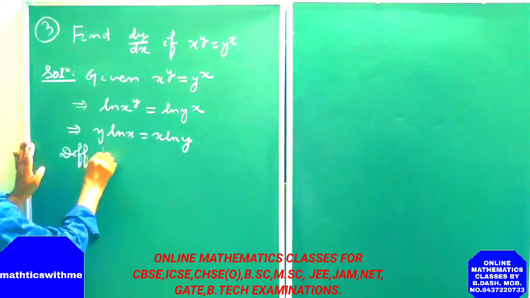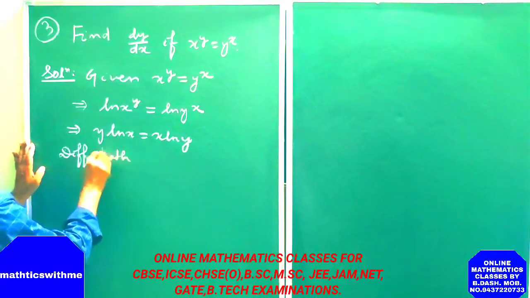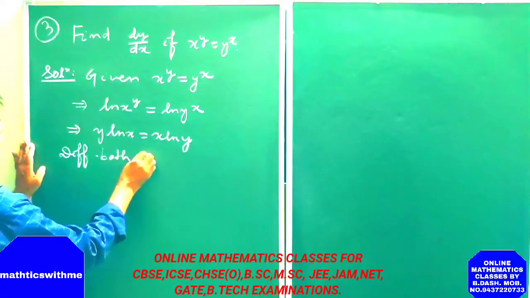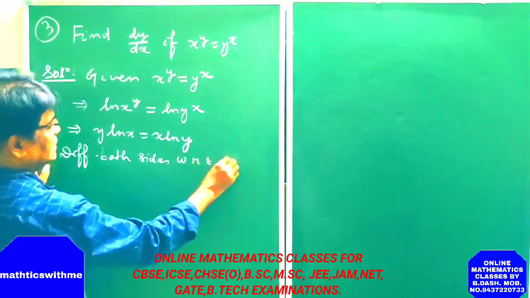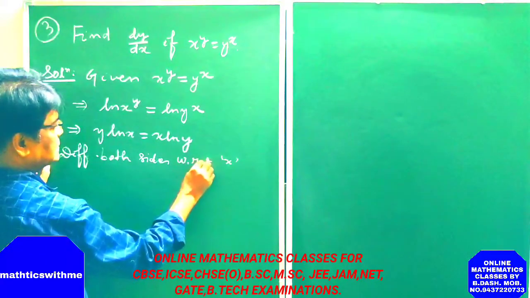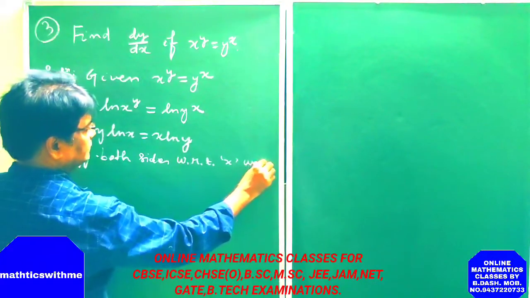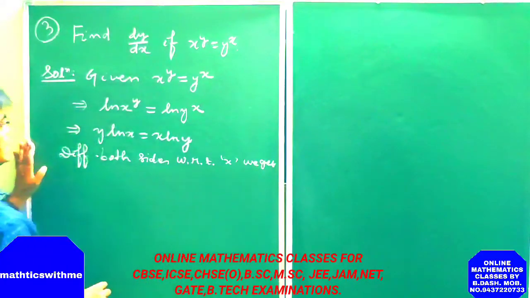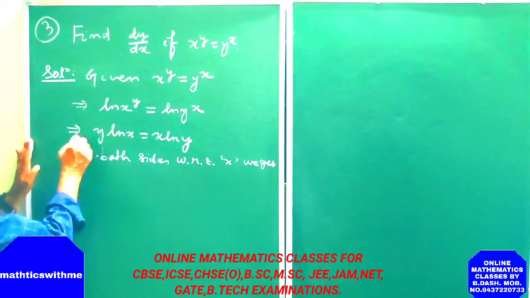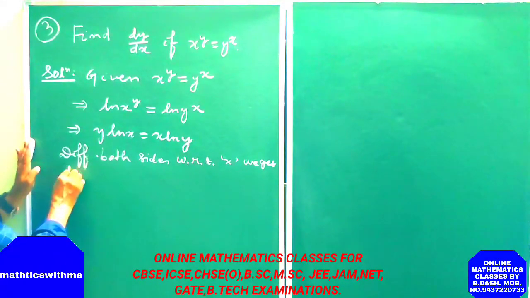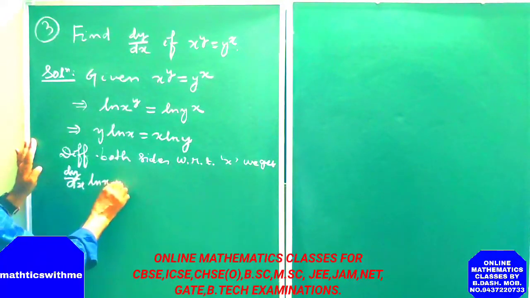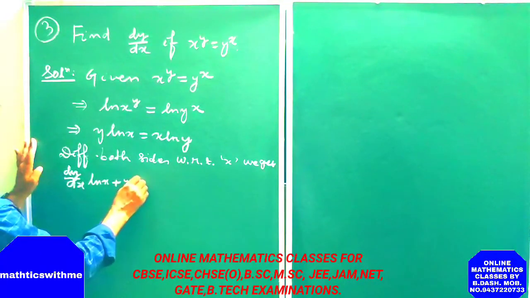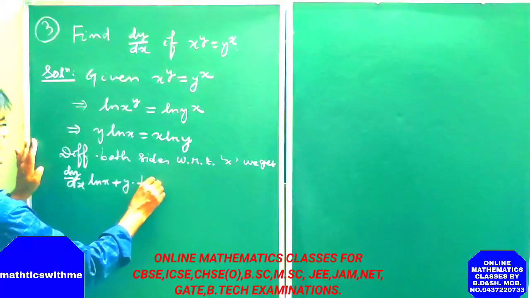Differentiating both sides with respect to x, we get, so differentiating both sides with respect to x, derivative of y is dy/dx into ln x plus y, then derivative of ln x is 1 by x.